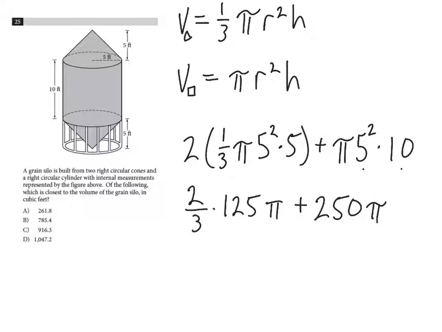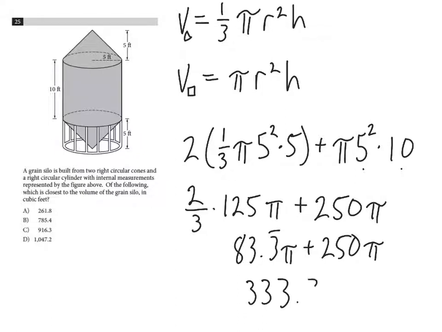So 125 divided by 3 times 2. It's going to be 83.3 pi plus 250 pi. Okay, add 250 to that, and we're going to get 333.3 pi.